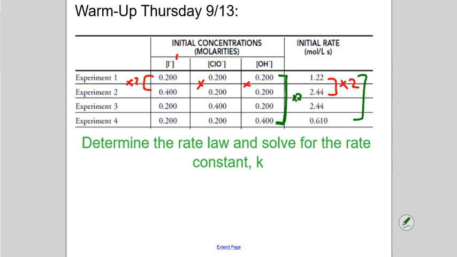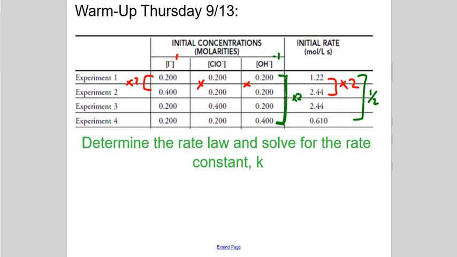If we see here that this is getting cut in half, because our hydroxide is doubling, but it is causing the rate to get cut in half, this guy is going to be to the negative first order.